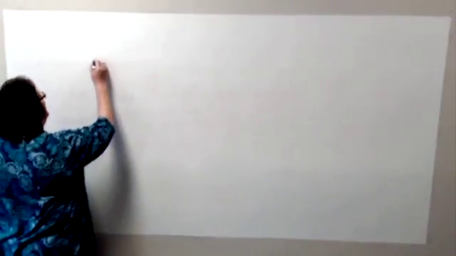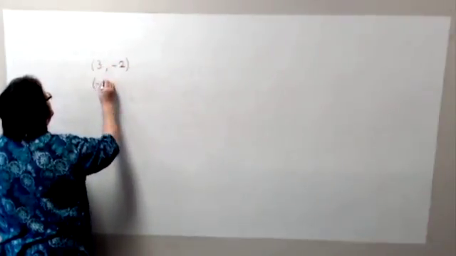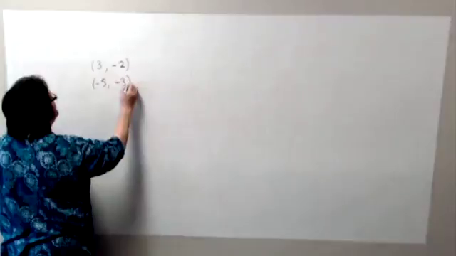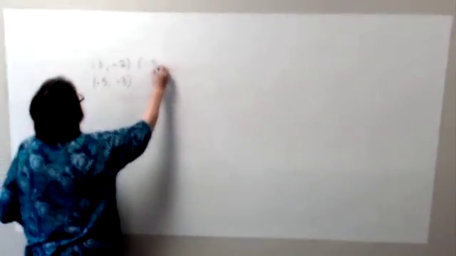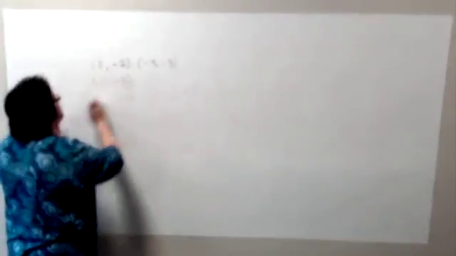Now, some of you are saying this is confusing. This is what we did in class. If we have 2 points, and this is what's on the video, -5, -3. You're given 2 points in your homework.